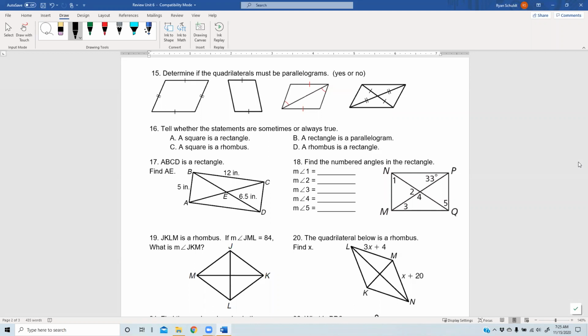Determine if the following must be parallelograms. So we have to see, do they meet our properties? That'll tell us if we have parallelograms. So the first one looks like two pairs of opposite sides congruent.